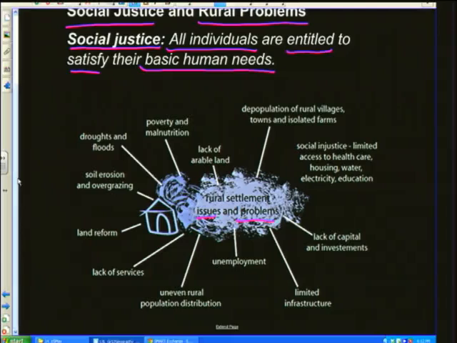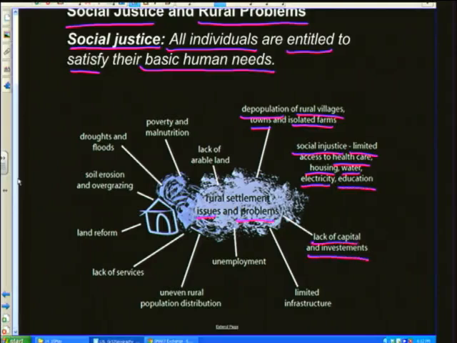There's quite a few things here that I'm going to run through. Firstly, we've just discussed the depopulation of rural villages, towns, and isolated farms, so less people are living there. There's social injustice, so people are not getting access to their basic needs, things like healthcare, housing, water, electricity, education. They are not up to standard generally in these settlements. They also have a lack of capital and investment.